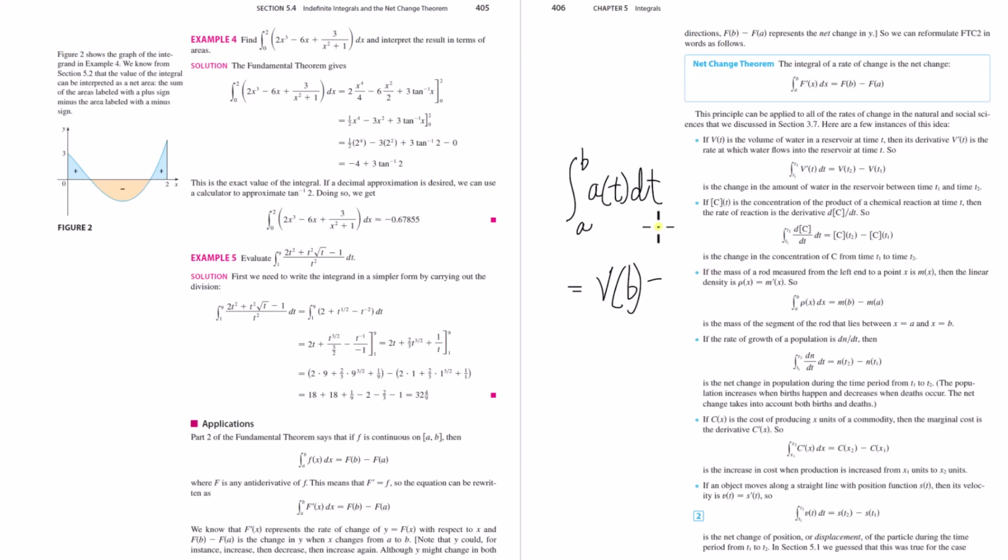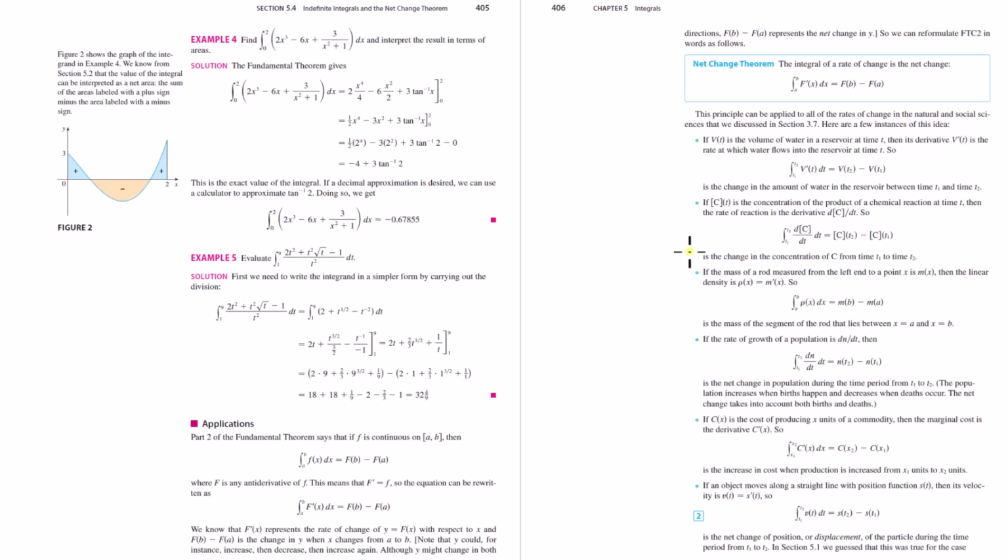But I want to stress again that it's any kind of rate of change of any quantity with respect to time. So here they've got the change in concentration with respect to time. That definite integral is going to be the net change in the quantity. So what was the actual concentration at time t2? Subtract from that the actual concentration at time t1.